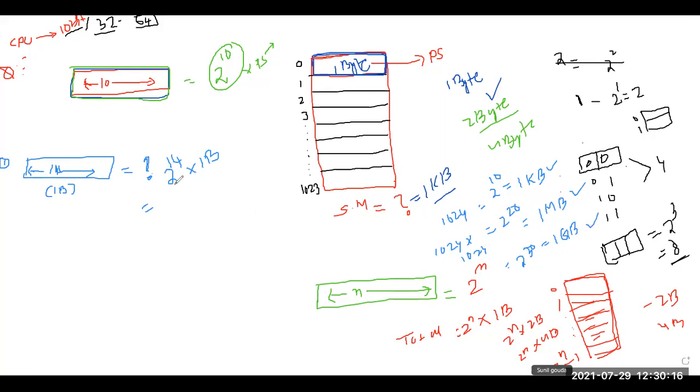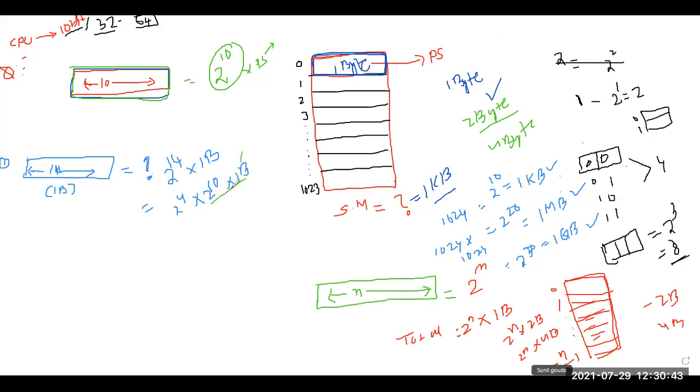So let me convert now. Further I can divide this and write it as 2 to the power 4 into 2 to the power 10 into 1 byte. Can I write like this? Yes or no? Now tell me, what is this? 2 to the power 10 into 1 byte is equal to 1 KB.